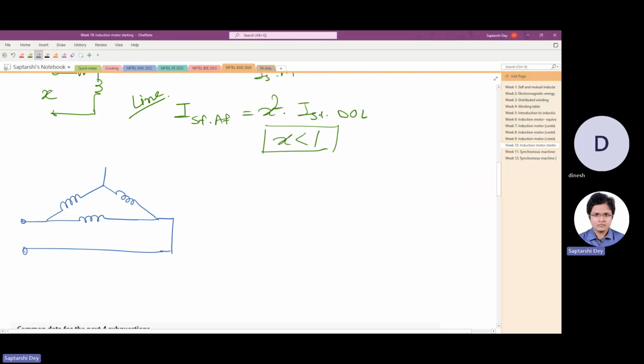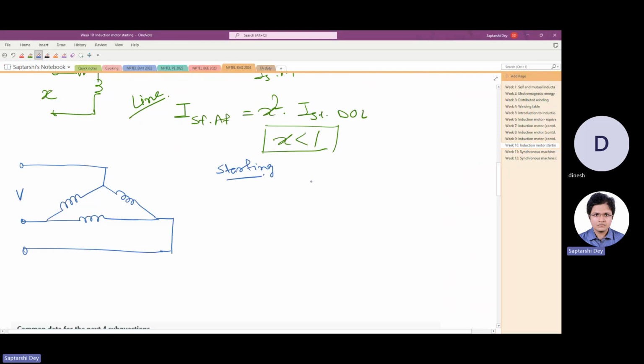There is nothing else between the motor and the supply. Maybe the switching circuitry is there that switches from delta to star, but no other impedance is added.